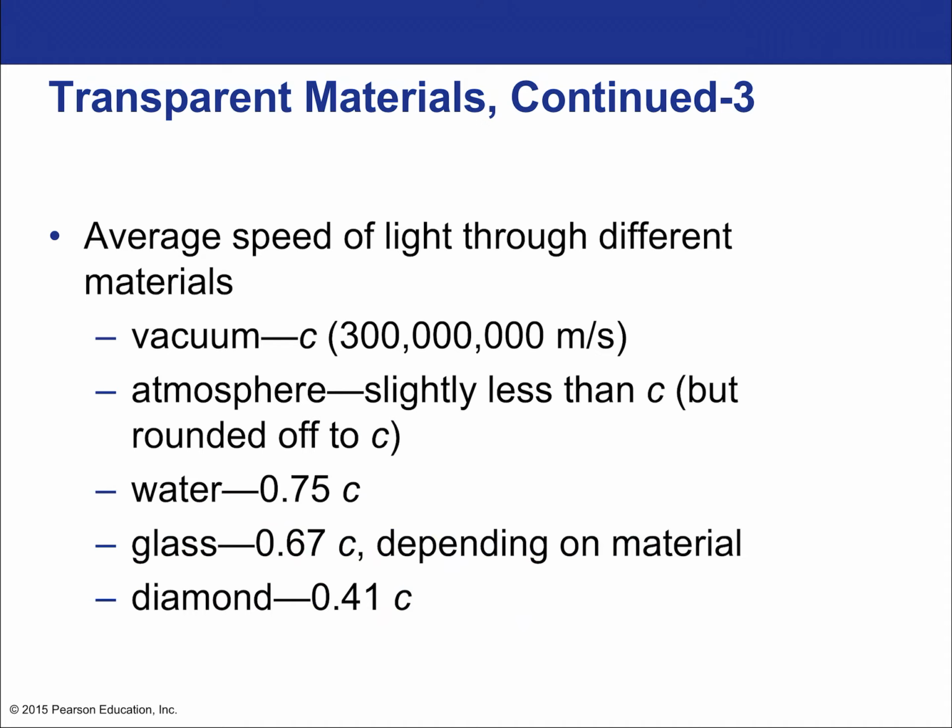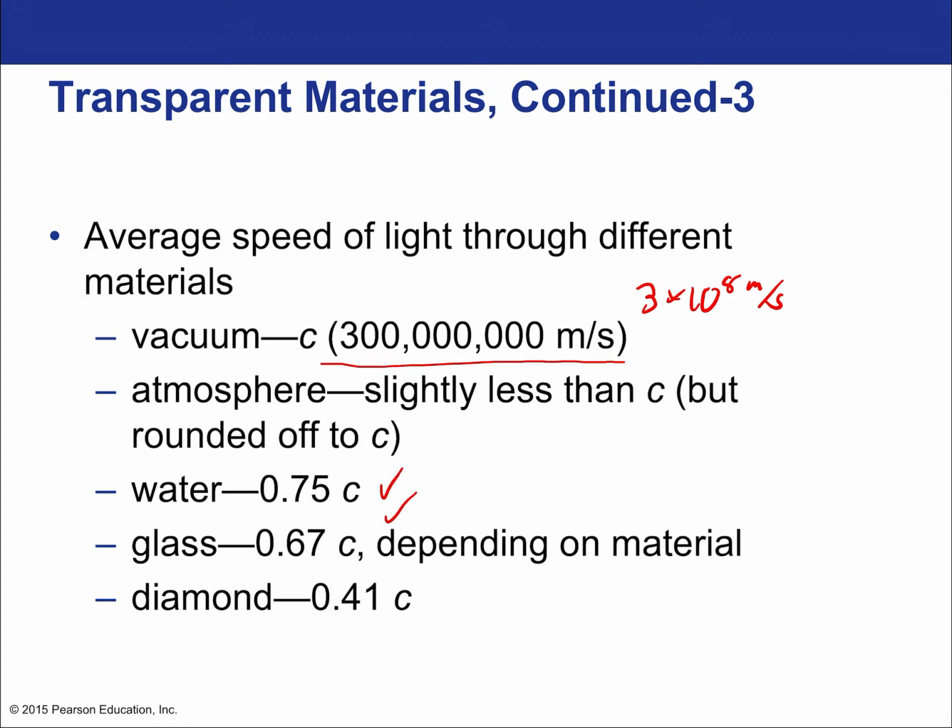Okay? So as far as that time delay in transparency means that in a vacuum, the speed of light is the constant of the universe, which is 300 million meters per second, or 3 times 10 to the 8 meters per second. All right. And in a gas, it is slightly slower than that, but not much. But in other transparent materials like water, it is only 75% that speed.